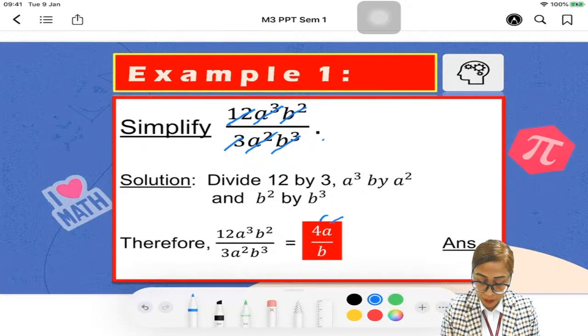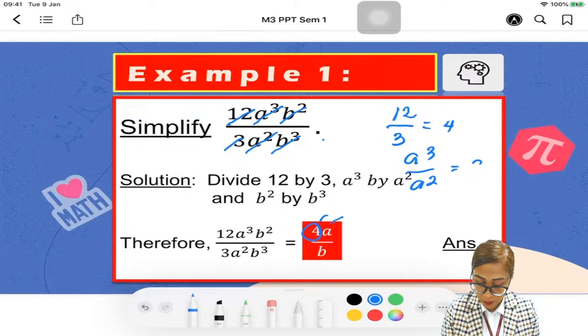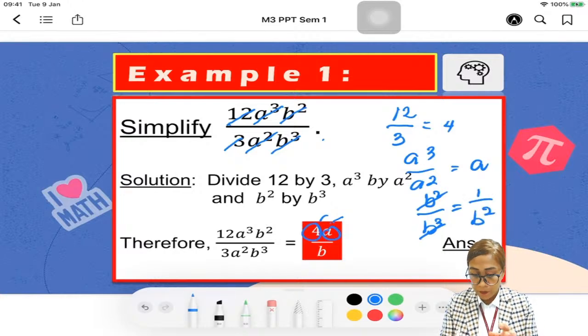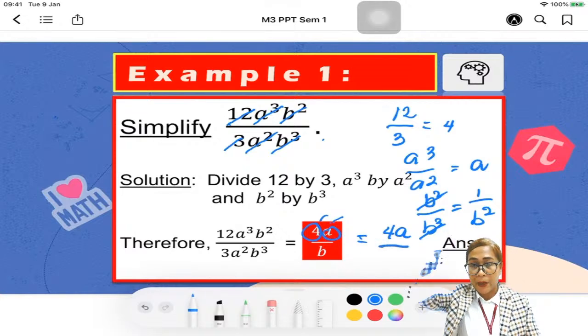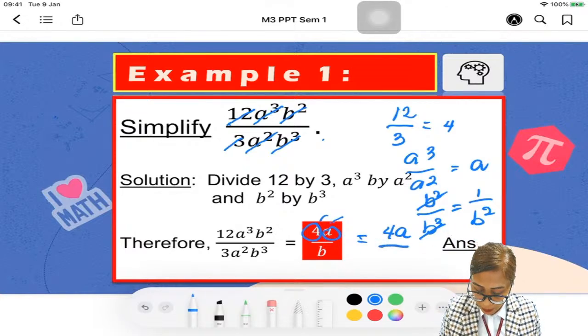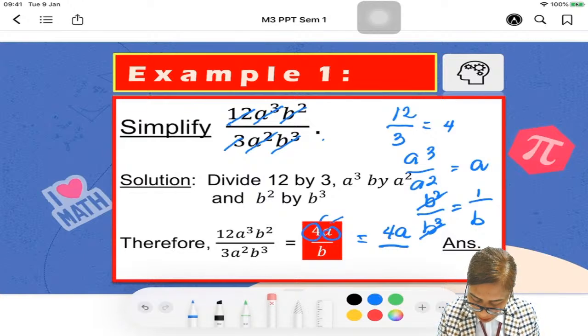Then b squared over b cubed: cut this, so we'll have 1 over b. If you combine them, the answer would be 4a in the numerator, and in the denominator, b.